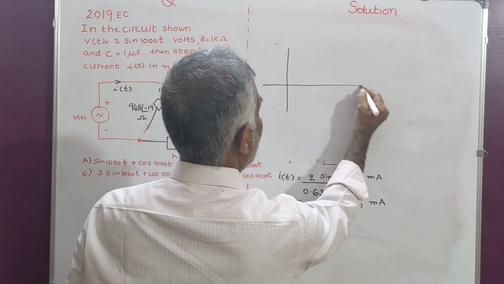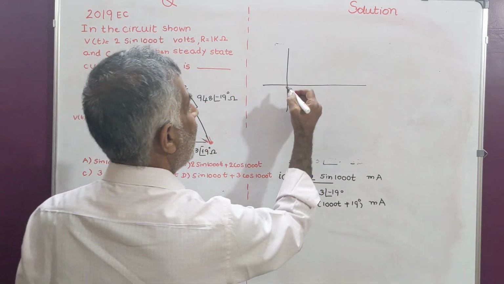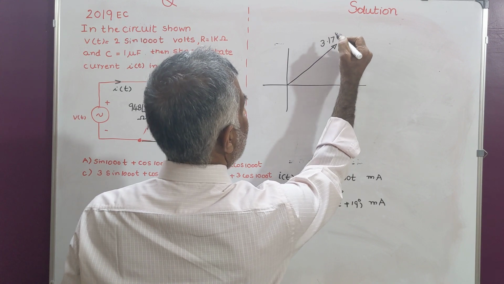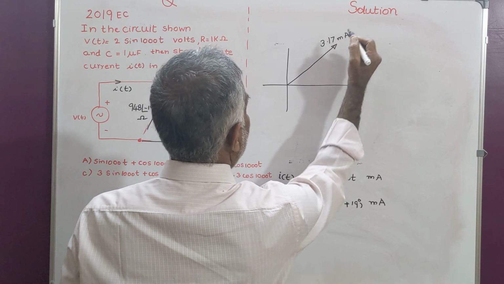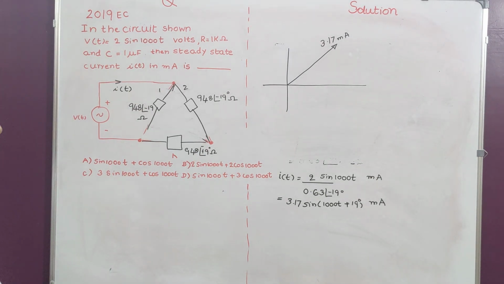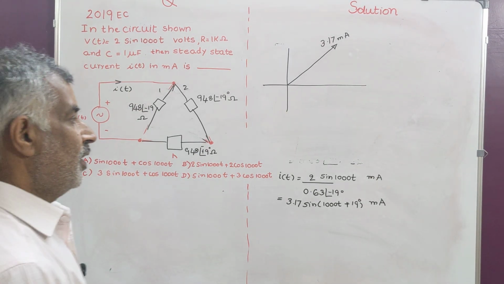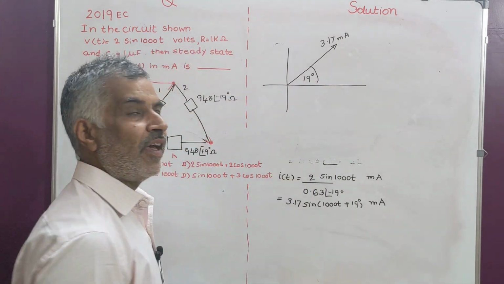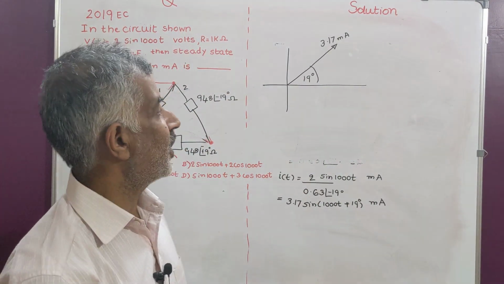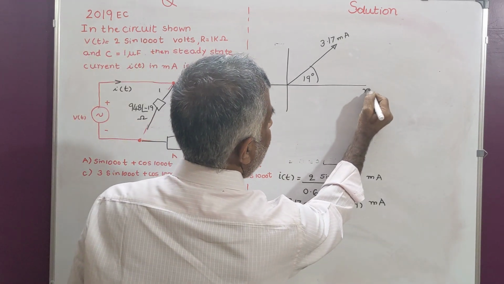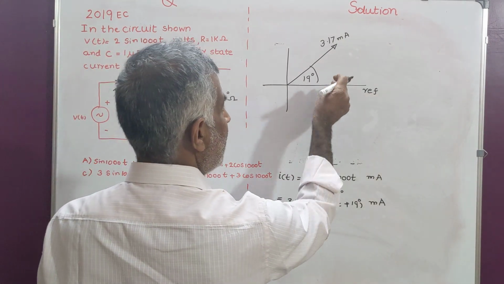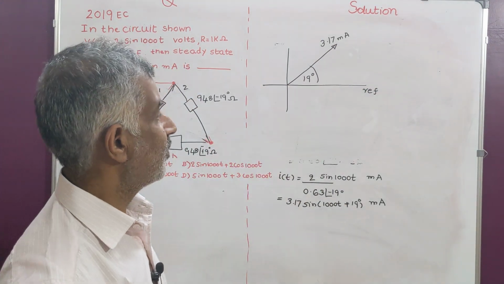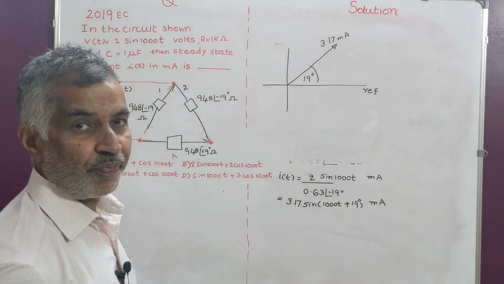It is to be interpreted like this: a phasor of 3.17 milliamperes at an angle of 19 degrees, because plus angles are measured in the counterclockwise direction. This is the reference, so from here angles are measured. That is why it is called the reference.